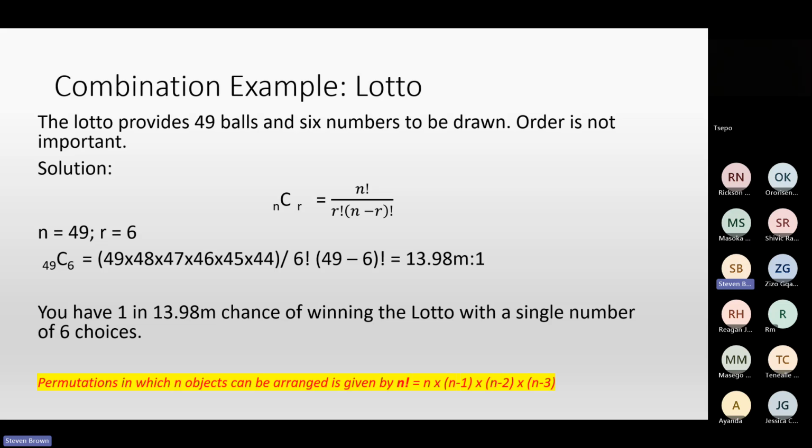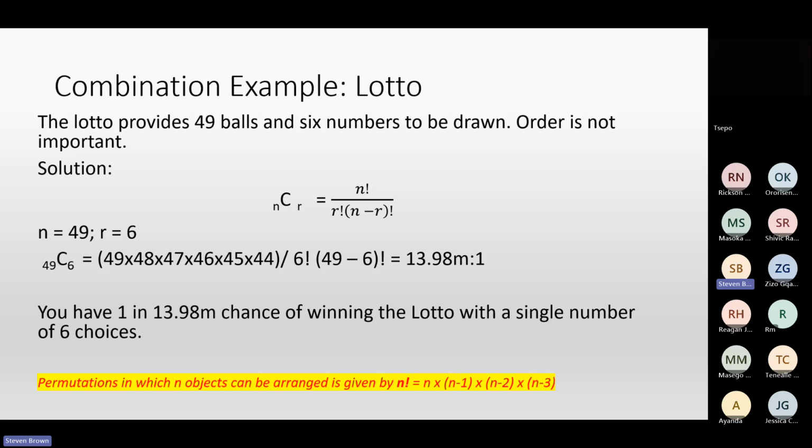So you're going to use your combinations formula, which is n factorial over r factorial times (n minus r) factorial. Your calculators will do the factorial calculation for you very easily. Remember, 3 factorial is 3 multiplied by 2 multiplied by 1, never by naught.